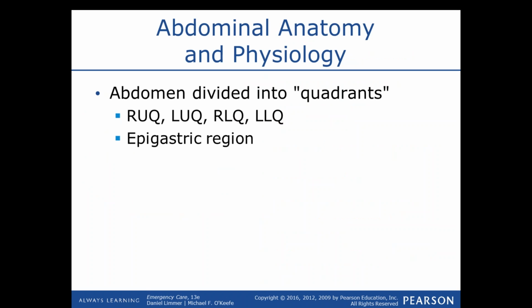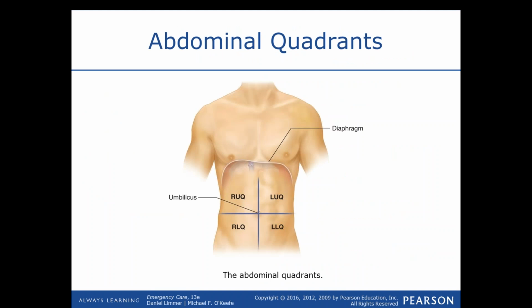Again, we talked about the abdomen divided up into 4 quadrants: right upper, left upper, right lower, and left lower. Here's a visual look at that as well. This is a much better drawing than I attempted a moment ago.